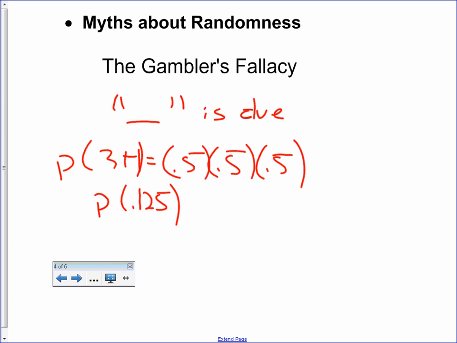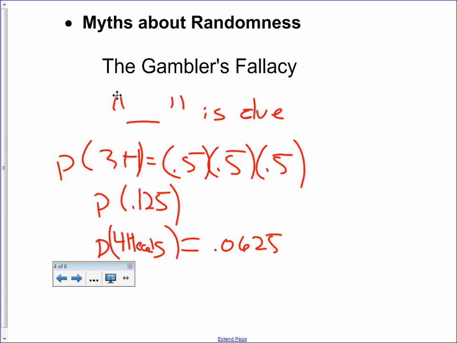So it's not very likely. It's only a 12% chance. The probability of 4 heads is that same thing to the 4th power, or 0.125 times 0.5, or 0.0625.